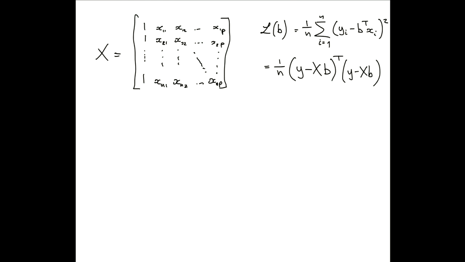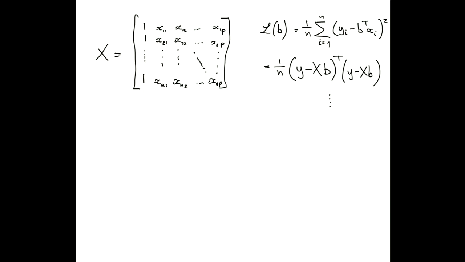Now, I'm not going to have time to go through it, but what you then do is take the derivatives, set them to 0, and solve. And at the end, you're going to get the result that we had on the slide. There's a bunch of stuff that happens here.